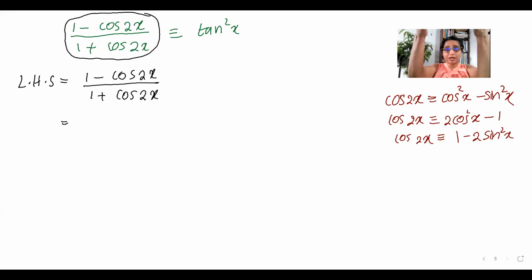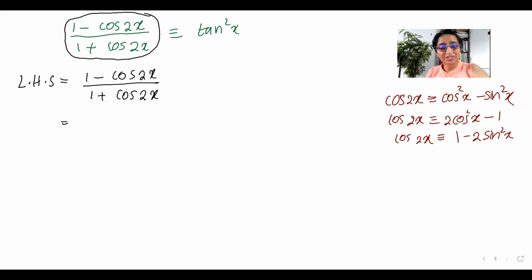Where are we aiming to go? We are aiming to go to tan squared x. None of these has tan in it. So how do we decide which one to use? Anyone would work out of these 3, but for sure, there might be easier ones.